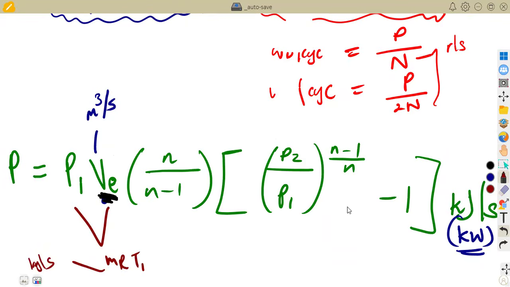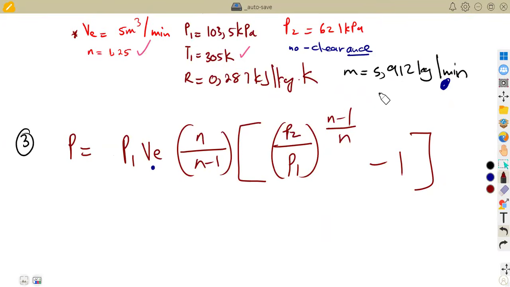So we can also use the mass there. I want you to try to use the mass there. You will see that your answer will be approximately the same as the one we get if you use VE. It's only because of the rounding off, here you are using exactly the value as it is, you're not rounding off. So your power can be calculated either way.